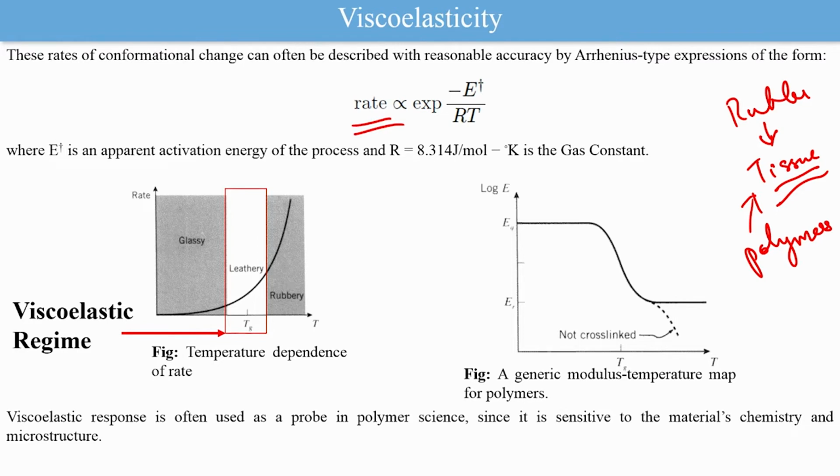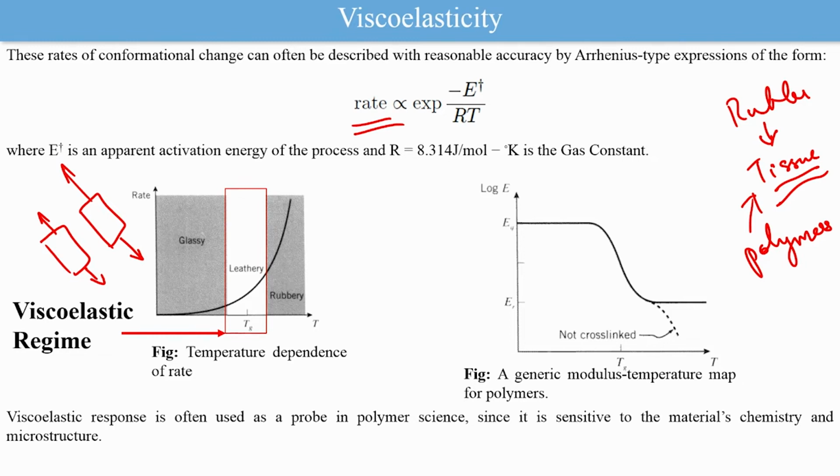Okay. Now, coming back to the viscoelastic properties of tissue, you can see here. Consider we have a rubber, or a tissue, that we are pulling very slowly, and there is another same tissue we are pulling fast. You can see that its behavior totally changes depending on the rate at which you pull it.